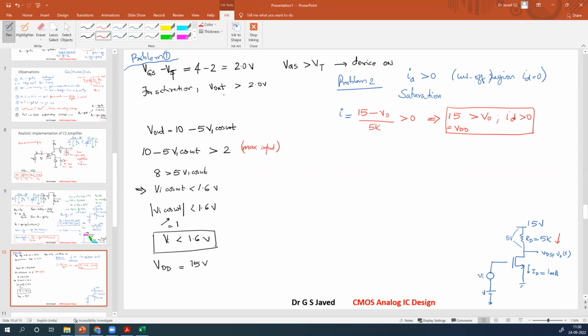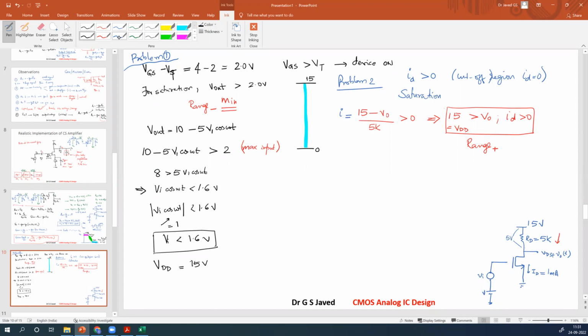We found out here the minimum V out has to be 2 volt. Let me call this range minus, and this range plus. So I like to define the range as follows. If I define the range like this, this is the full range. This is 0. This is 15 volt. Now what is range plus? 15 volt.